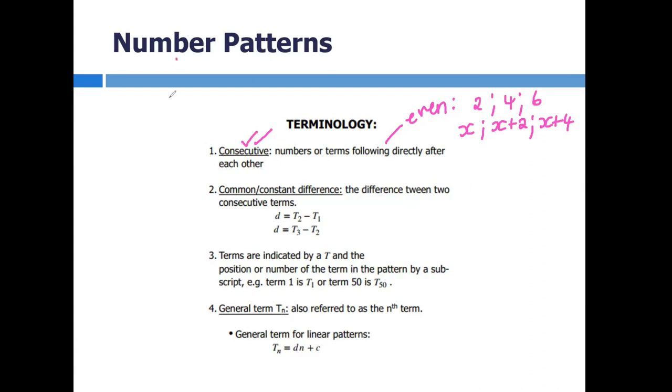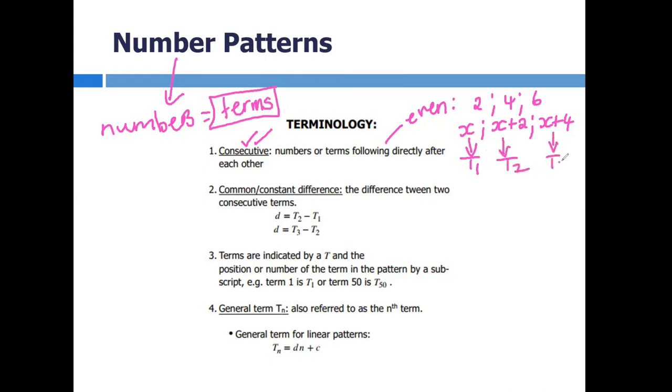And in number patterns, we don't really use them as numbers. No, we use them as terms, right? The numbers in the pattern are called terms. So when you are dealing with terms, for example, here, this will be term number 1, term number 2, and that will be term number 3. So we are dealing with terms, right?